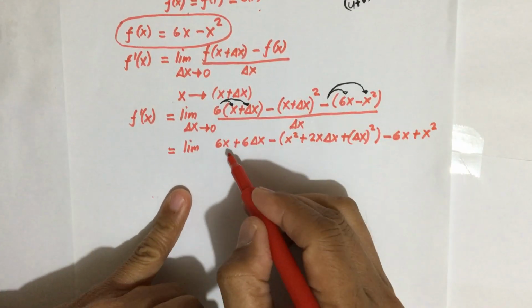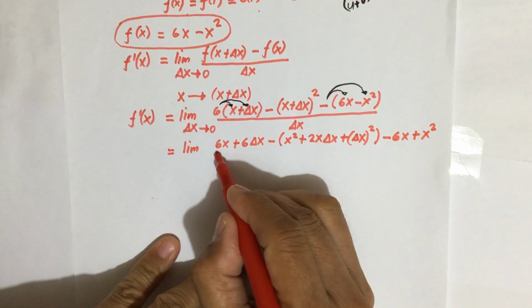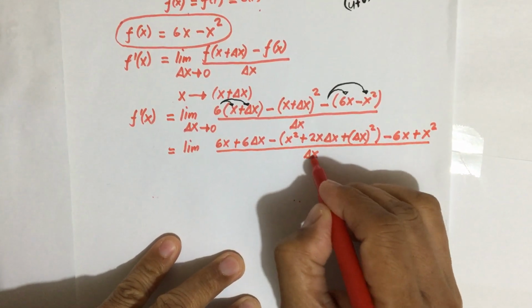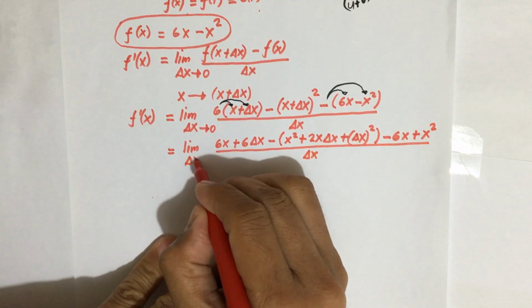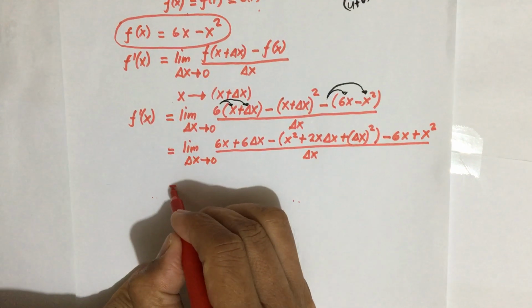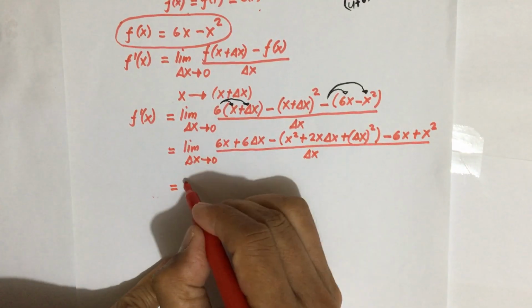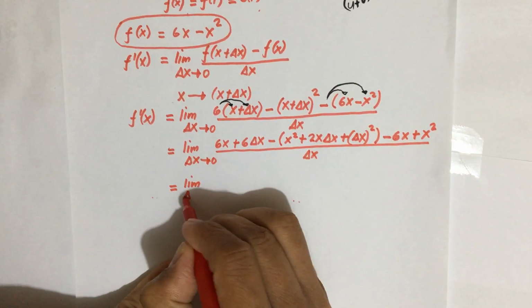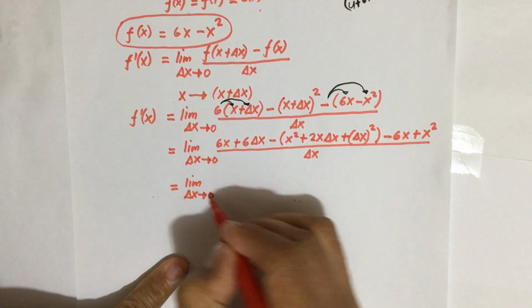Then divided by delta x, as delta x approaches 0. So equals, so limit of the function as delta x approaches 0.